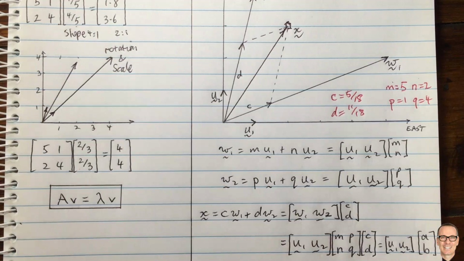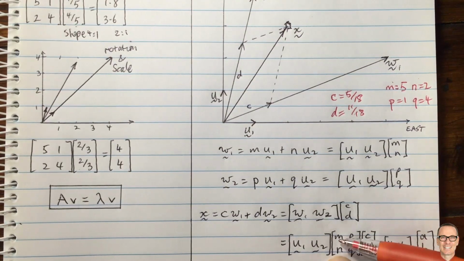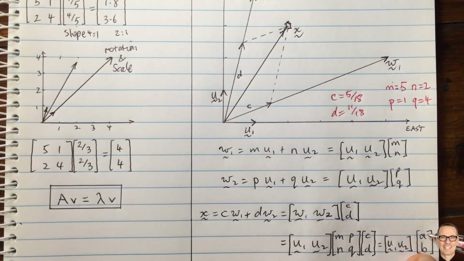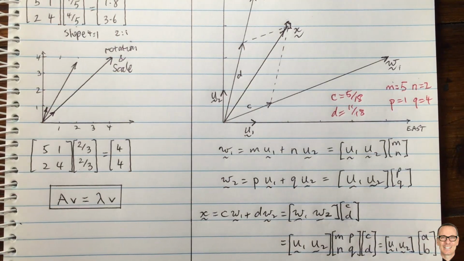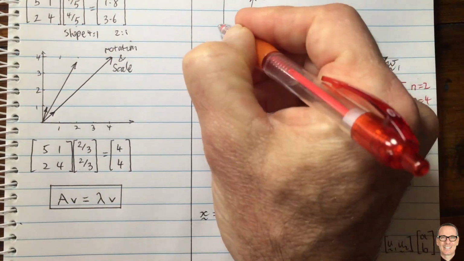In this case, you can substitute c and d into here, and you can substitute m, n, p, and q for these numbers here, and you can find out that a and b will equal 2 and 3 in the case that I've drawn.